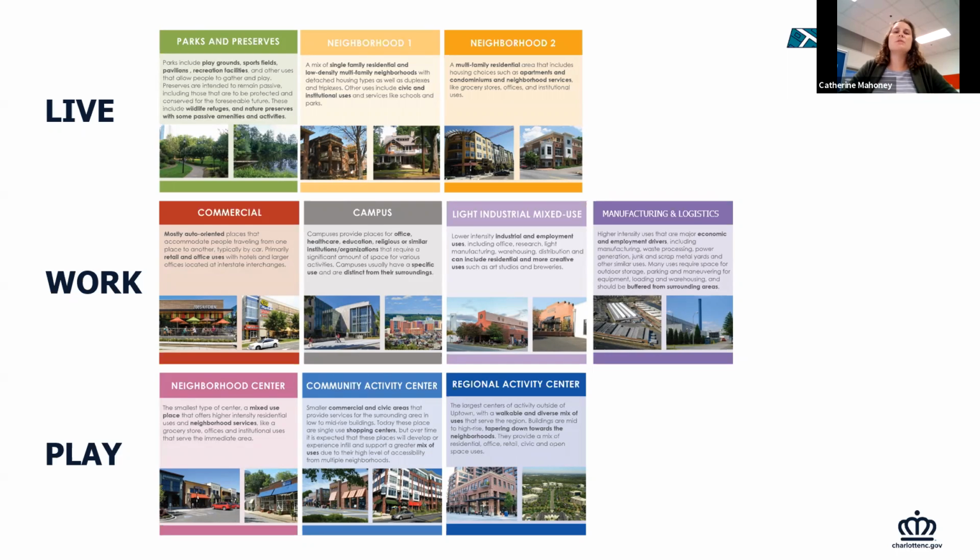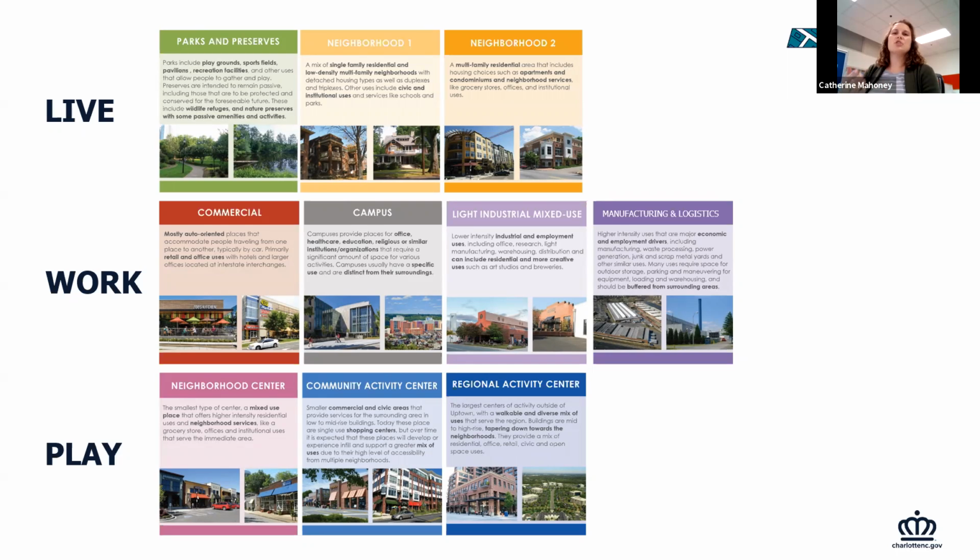Light industrial mixed use. This is kind of a new place for Charlotte. This area is intended to include a mix of uses with an emphasis on employment. And the goal of this place is to help repurpose some of our older urban manufacturing areas and allow them to kind of evolve into a mixture of employment uses that can include anything from research, development, flex, and light industrial.